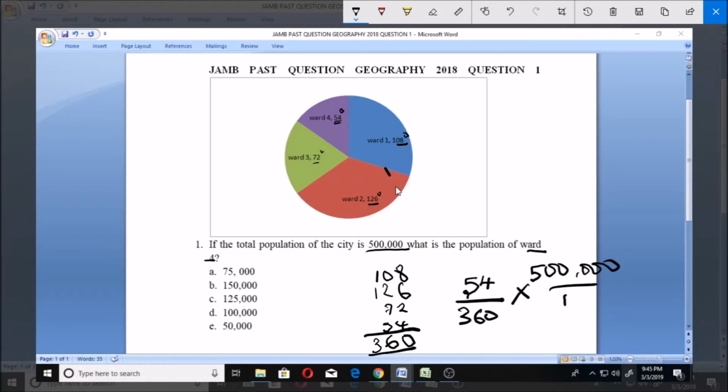So we'll do this calculation. 54 over 360 times 500,000. So you can cancel these two zeros, then you can quickly do the calculation to get the right answer.